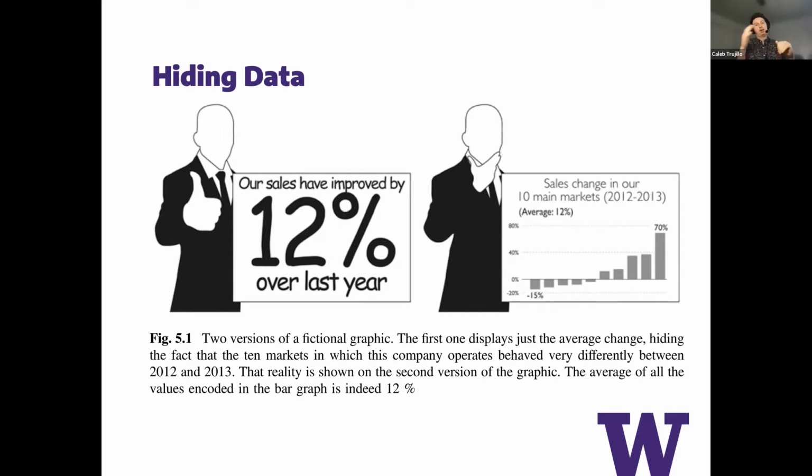Some of them are doing really well and others are kind of going down. And so, when you hide data, when you average out all the mountains and valleys that exist within your data set, it oftentimes does a disservice to understanding what's actually happening behind the scenes with your data.